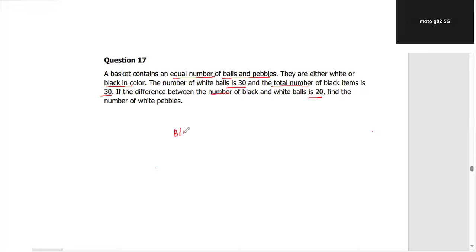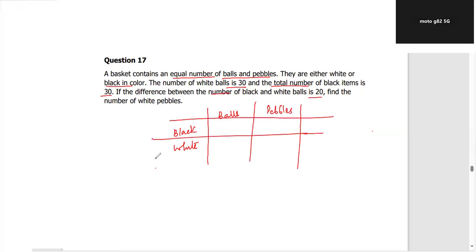Just to make sense of the question, we write black and white, you have balls and pebbles, and total and total. A basket contains an equal number of balls and pebbles, so whatever is this is equal to this.